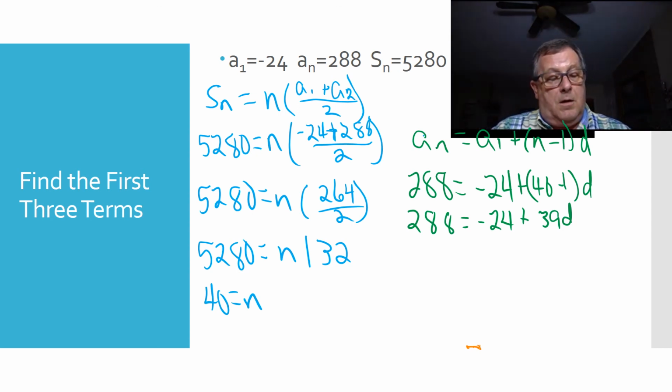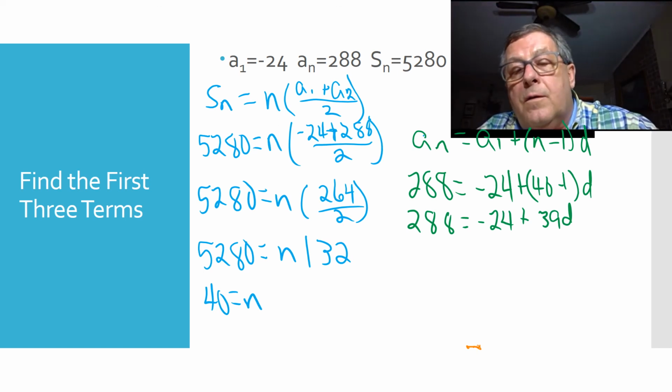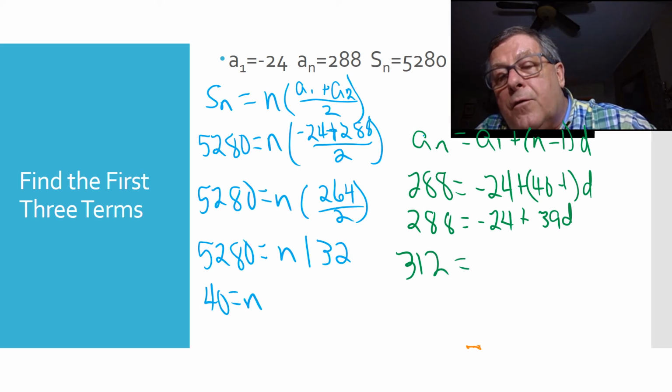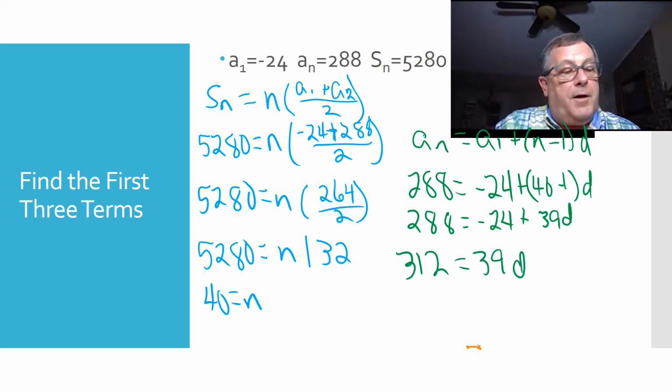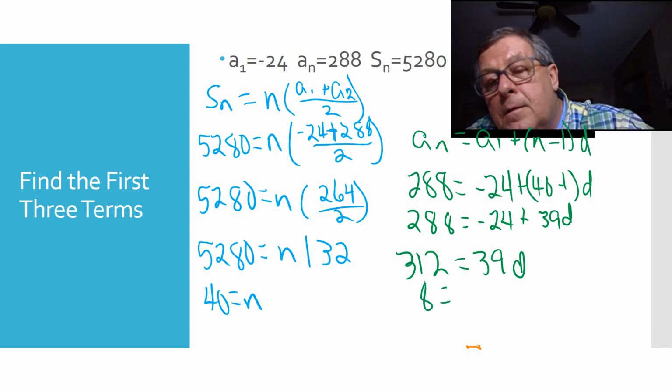So we've got 288 plus 24, which is 312, equals 39d. Let's divide 312 by 39. And we find that our common difference, d, is 8.